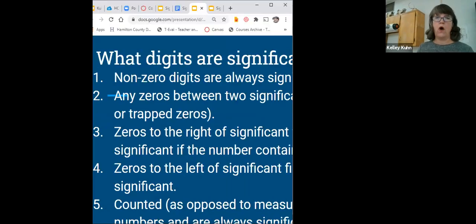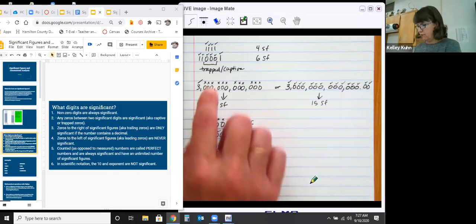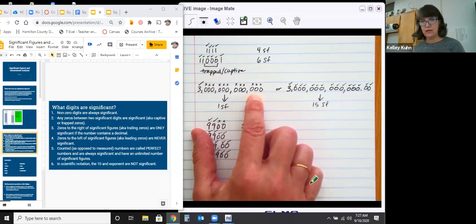So why are zeros to the left not significant? Well, just like zeros to the right, when there's no decimal, zeros to the left are about showing how big or small something is. So, like when I was looking at 3 trillion, let me go back, sorry, just splitting my screen. When I was looking at 3 trillion, those zeros weren't significant because there was no decimal. They were just showing me how huge that number is.